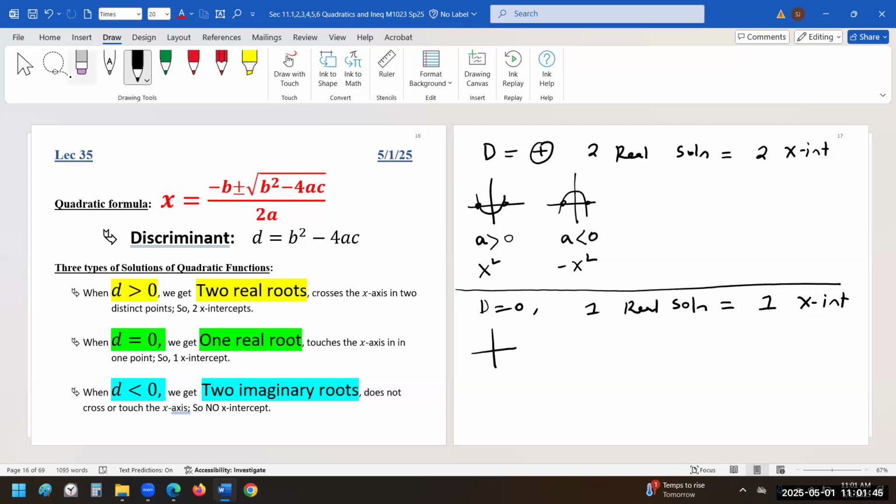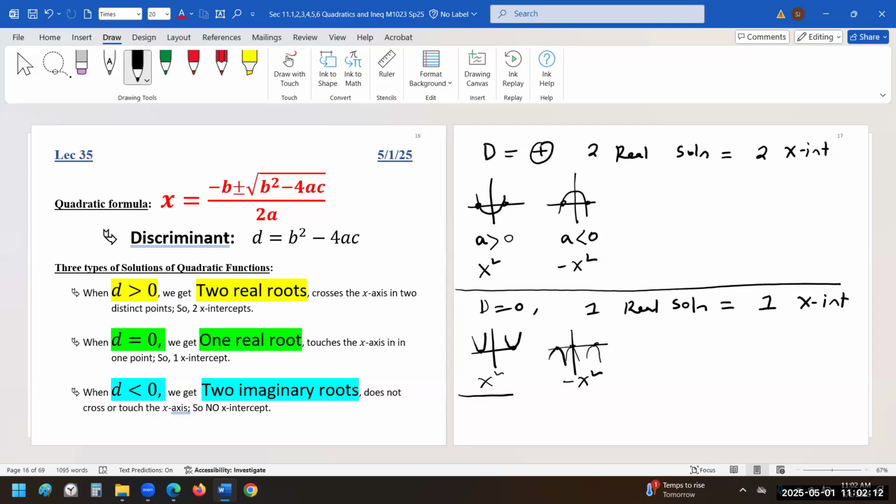So either you have something like this, or this, or you have something like this, or this, or this. You're touching your x-axis only once. And again, this is for positive x squared, this is for negative x squared.